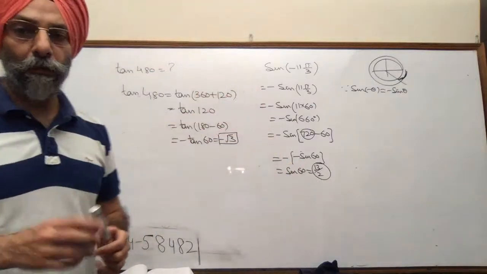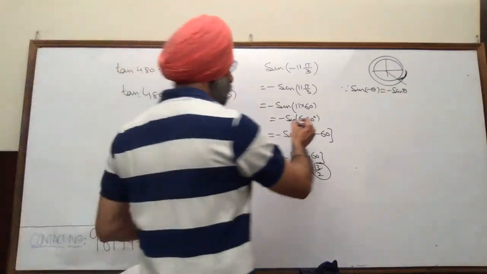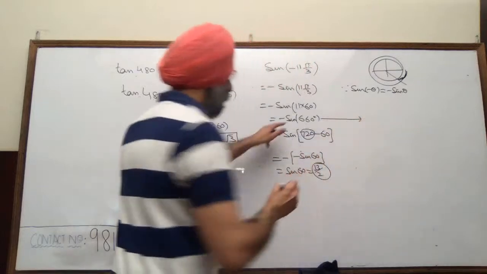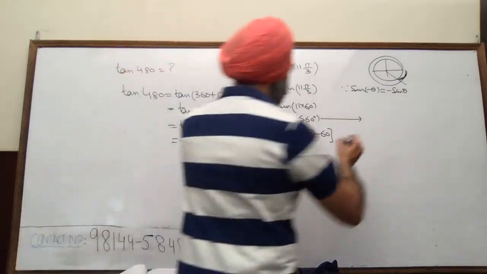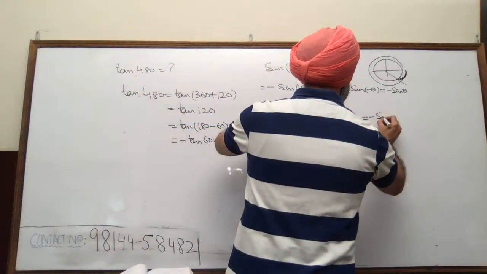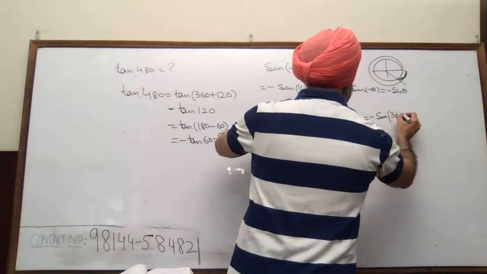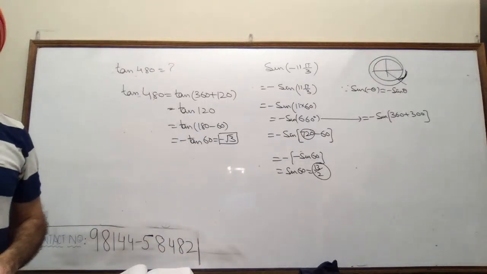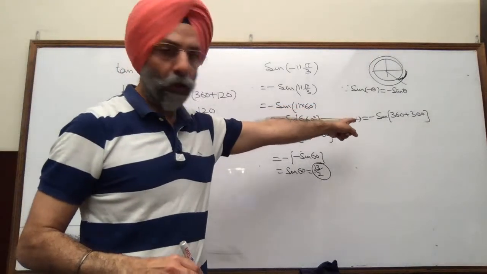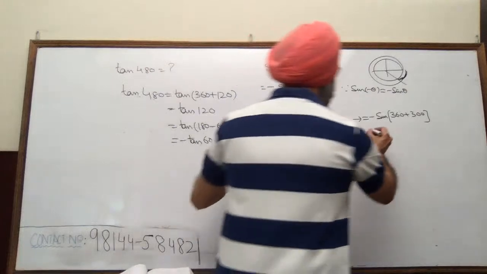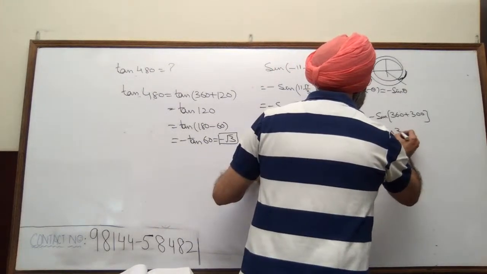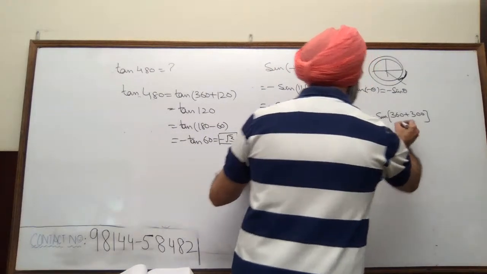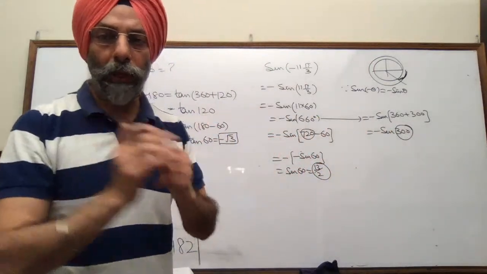Now what is the other way out to solve this question? From here, after this step, can I write this as minus sine of 360 plus 300? That makes it sine of 300. You have to write this angle as an acute angle.